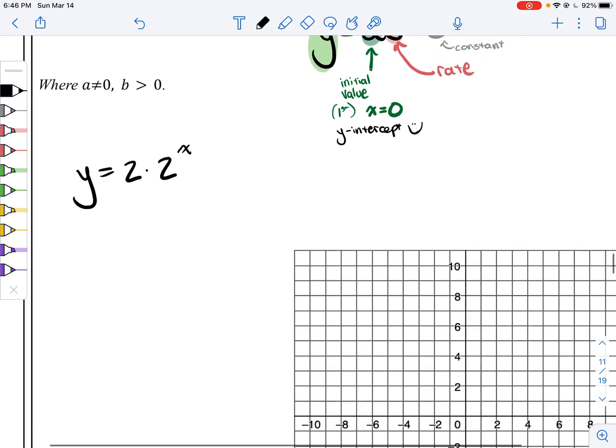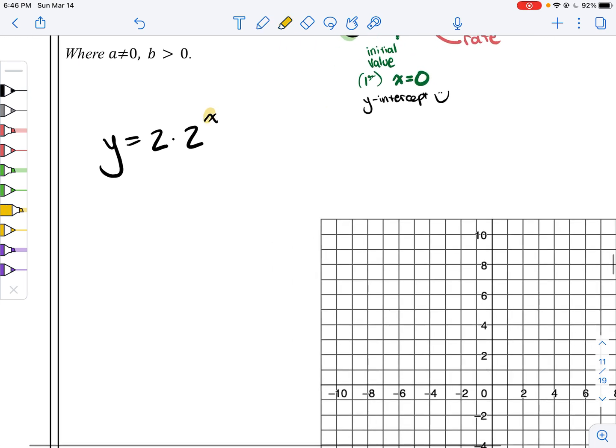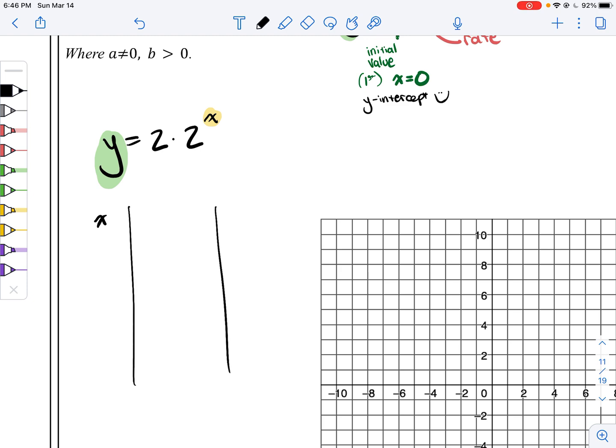If you wanted to graph a function like this, you could always make an XY table. As any good graph goes, you want to have some negative values, you want to have 0, you want to have positive values. You plug those in and you figure out what y is.